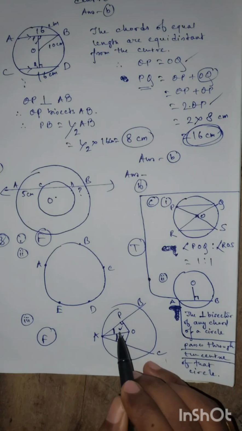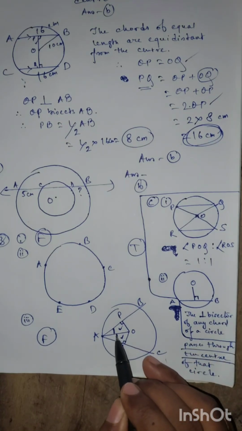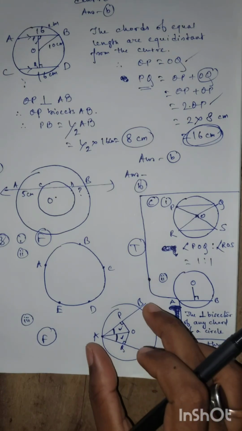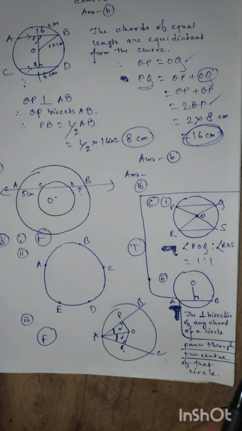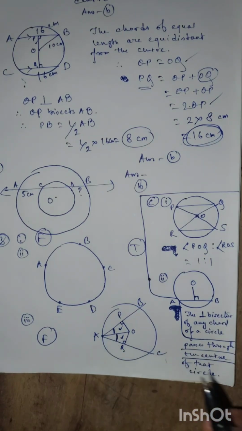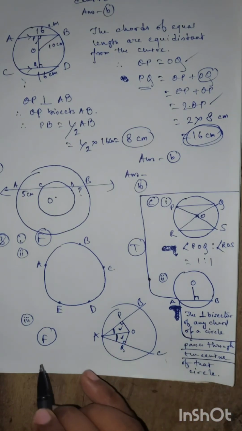Okay, they are not congruent. That means this angle will not be equal to this angle. This can only happen if these two chords are equal, but in this case these two chords are not equal. Therefore these two angles are not equal. That means the answer should be false.